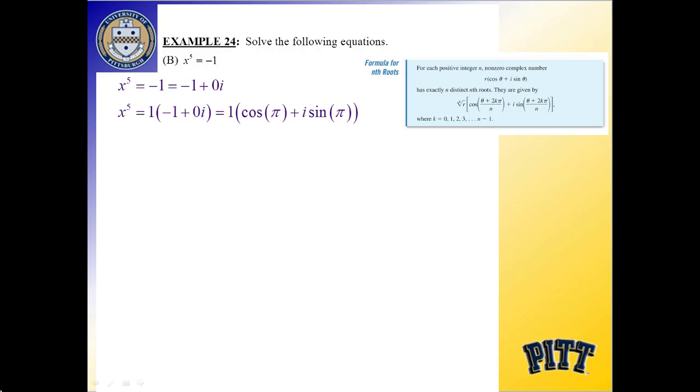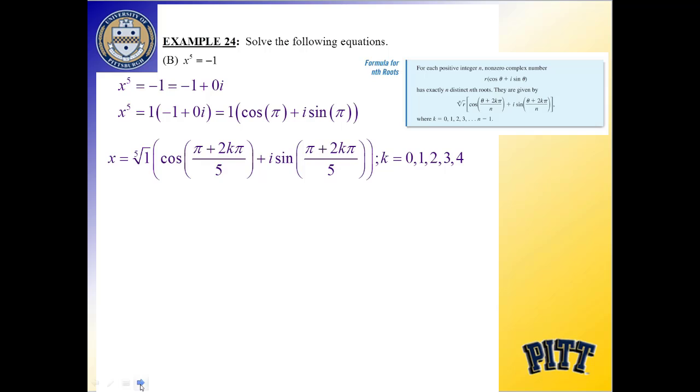Now, according to this formula, to get x, meaning taking the 5th root of x to the 5th, I'm going to do the 5th root of 1 times the quantity of the cosine of pi plus 2k pi over 5, taking the original angle plus the 2k pi all over the root number, plus i times the sine of pi plus 2k pi all over 5.